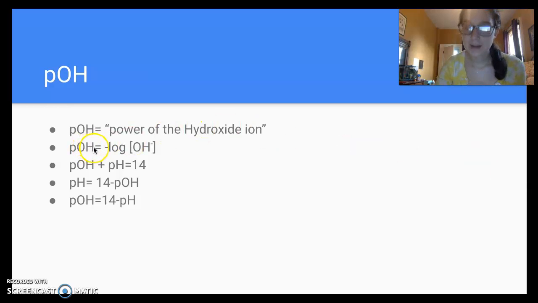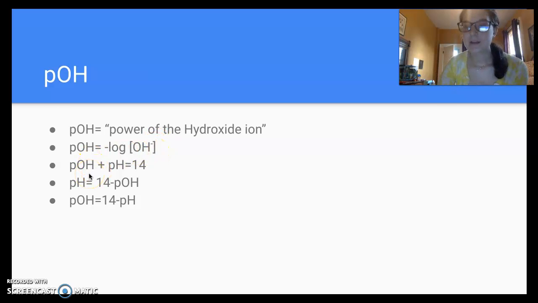To calculate pOH, you would take the negative log of the concentration of OH-, which is again in molarity. I forgot to mention as well, these square brackets typically just mean concentration. So for concentration, we don't use typical rounded parentheses, we use these square brackets.